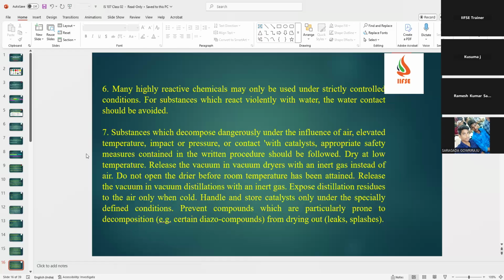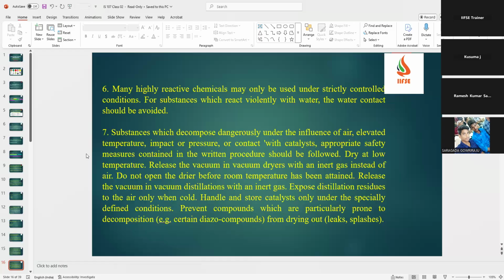Some other substances decompose, in the sense they get damaged or change their chemical structure under various influences. Maybe once it comes in contact with air, it will get damaged. Once the temperature is elevated, it also decomposes.